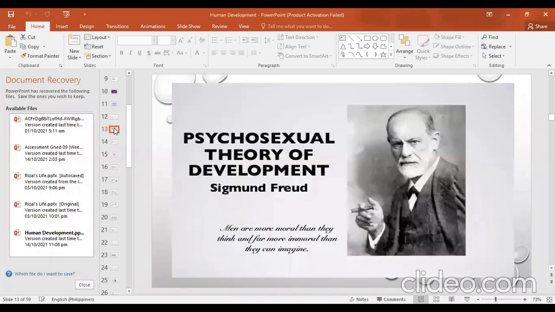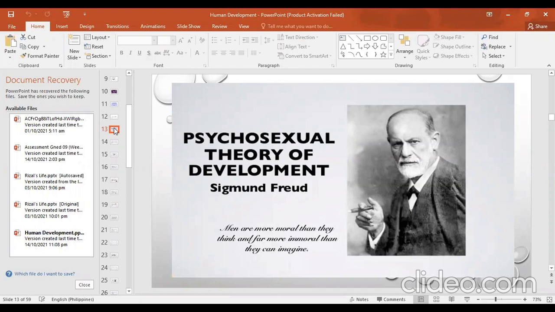So now let us proceed with Psychosexual Theory of Development by Sigmund Freud. So itong psychosexual theory ay under ng psychoanalytic theory. So in Freudian psychology, psychosexual development is a central element of the psychoanalytic sexual drive theory.